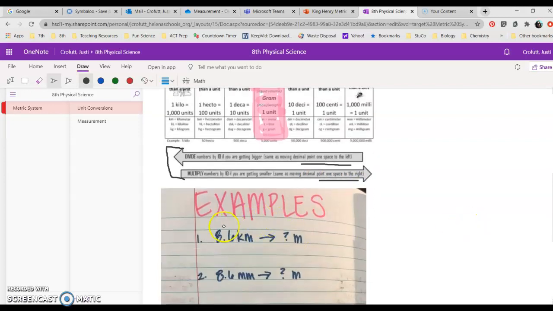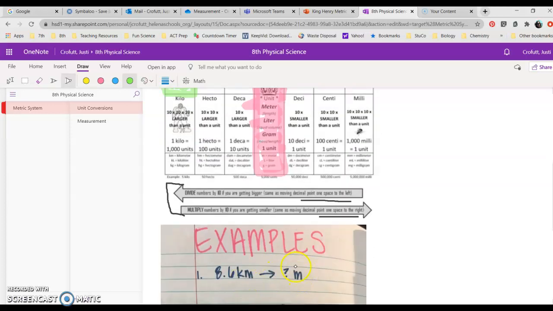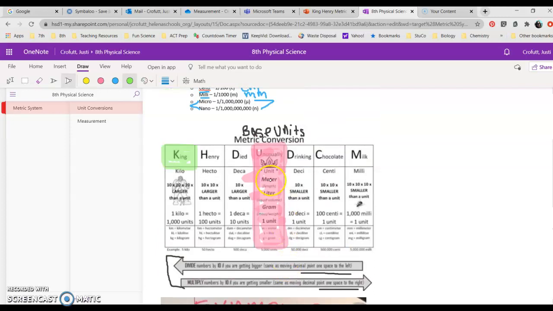So let's look at an example here. We've got 8.6 kilometers, and it's asking you to find meters. So what you're going to do, and I'm just going to do some highlighting on here, is start out, and kilometers was given to you, so we're on the king part. Kilometers was given to you, and it's asking you to find meters. So meters is your base unit right here. Okay, so then you're going to count, from here we go 1, 2, 3, just like you're playing a board game.